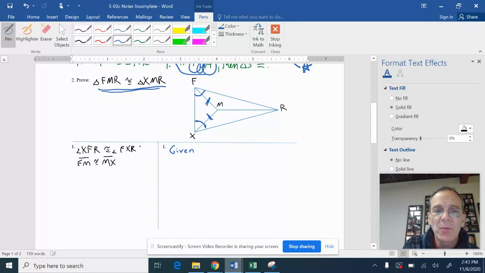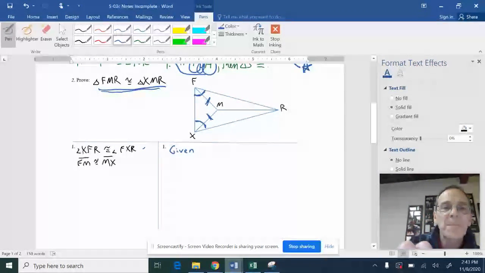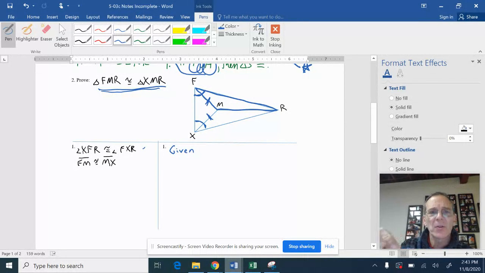These angles that we were given congruent, this angle up here, XFR, is not a part of triangle FMR. Okay, I've talked about this in an earlier video.